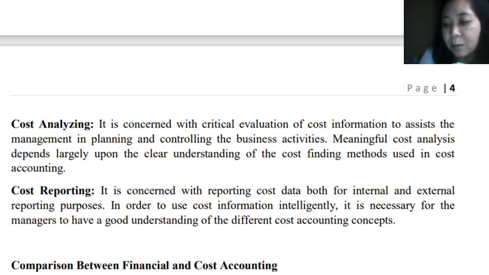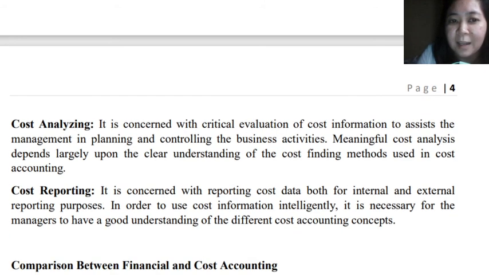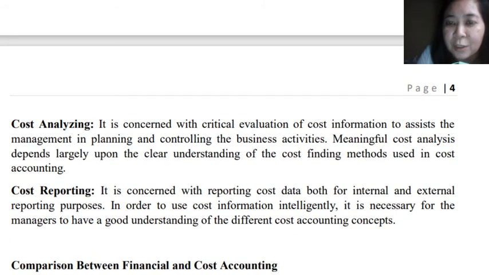Cost reporting is when the cost accountants have finally generated their cost accounting reports, to be used for decision making.